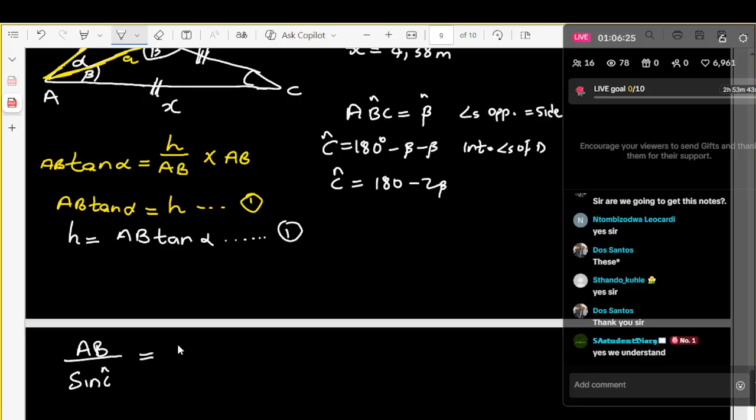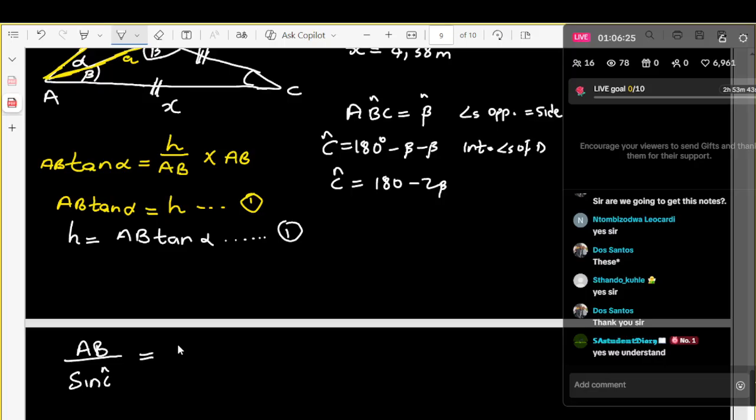Now I just have to substitute what I have. This is my AB over the sine of angle C, and we said angle C is 180 degrees minus 2 beta. Then let's equate this to x over the sine of beta. Before we continue, remember we need to do the reduction formula.